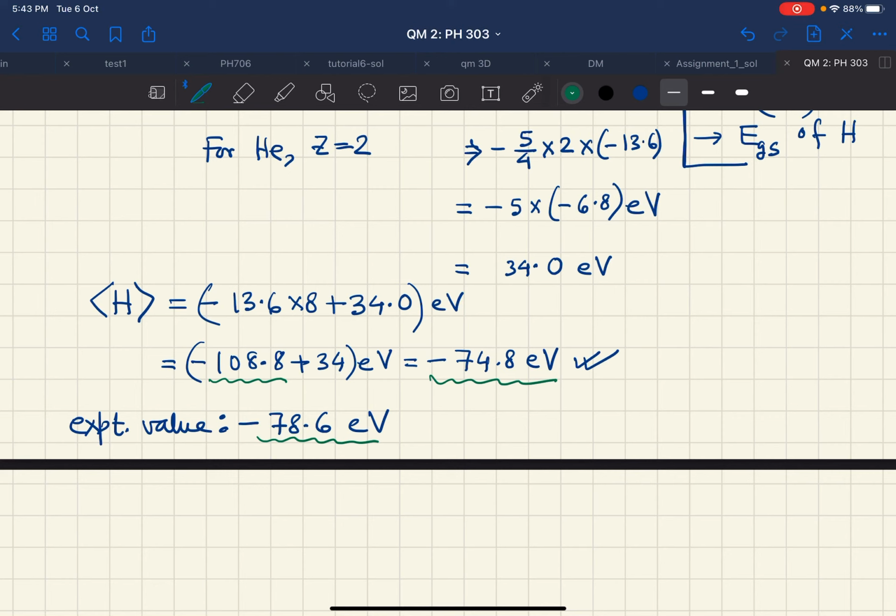After we incorporated the electron-electron interaction term, our result has improved much further, and we have come very close to minus 78.6 electron volt. However, of course, this shows that there is still scope for improvement, and that we will be discussing in the next class.